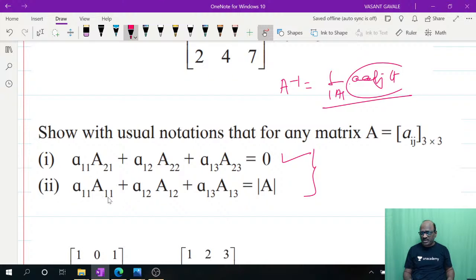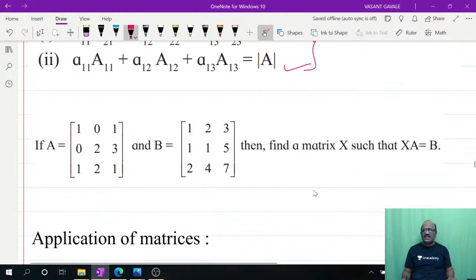A11, capital A11, A12, capital A12, A13, capital A13, that is equal to the determinant of A. Now next example. If A = [1 0 1; 0 2 3; 1 2 1] and B = [1 2 3; 1 1 5; 2 4 7], then find the matrix X such that XA is equal to B.